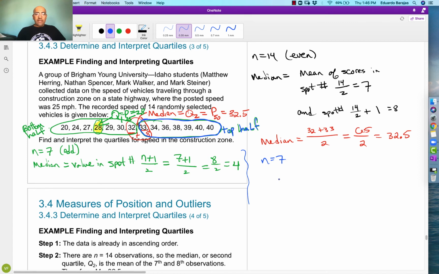We follow the same rule as before, so the median in this case is also going to be equal to the value in the fourth spot.